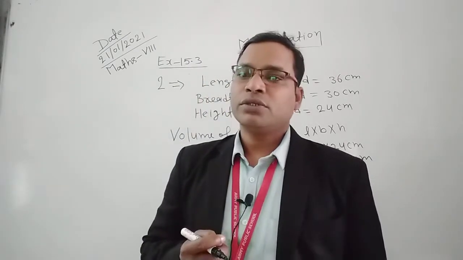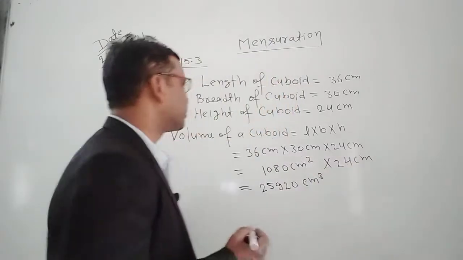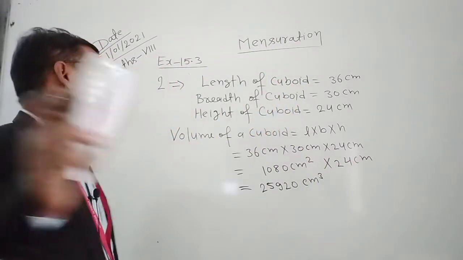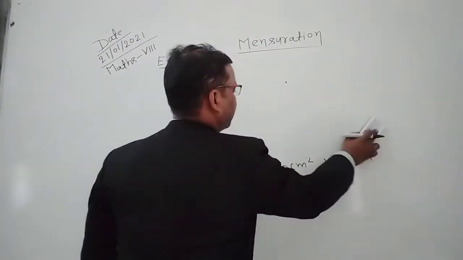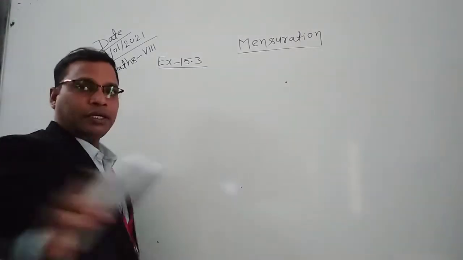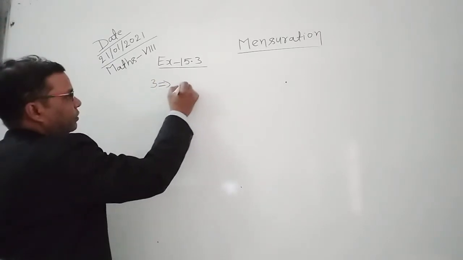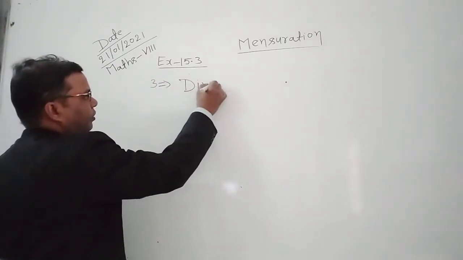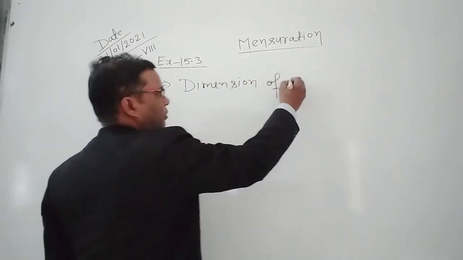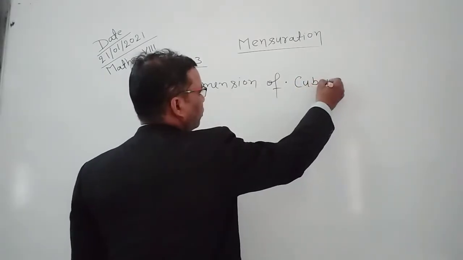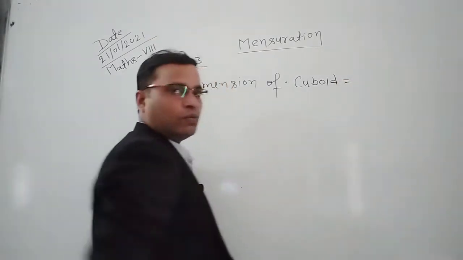So let's see. Here the dimension of the cuboid is given. First we read them, after this we solve. Question number 3 we are going to discuss. Dimension of cuboid is equal to, what is the dimension of the cuboid?